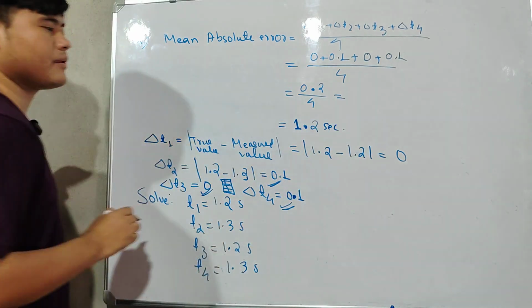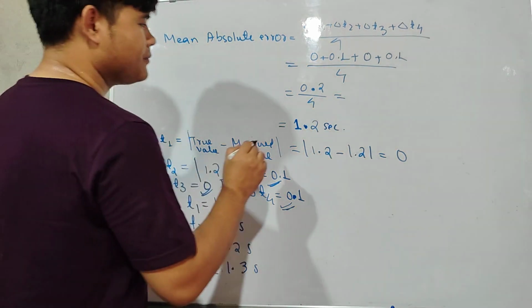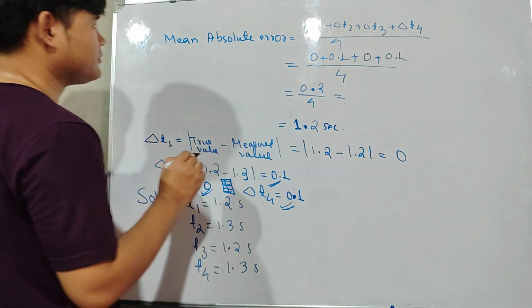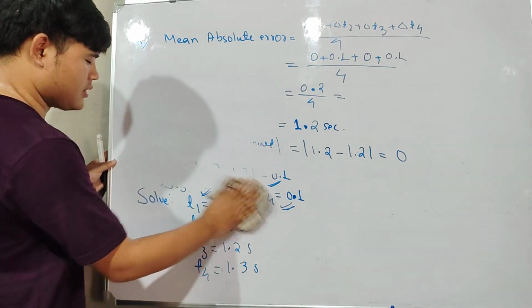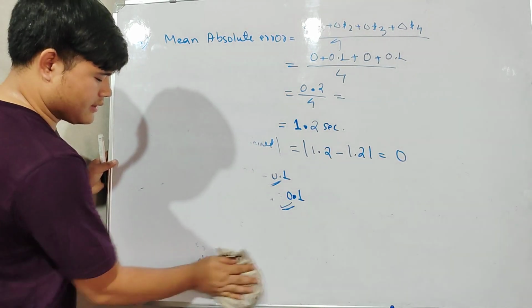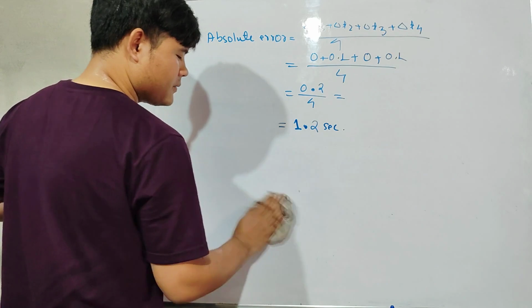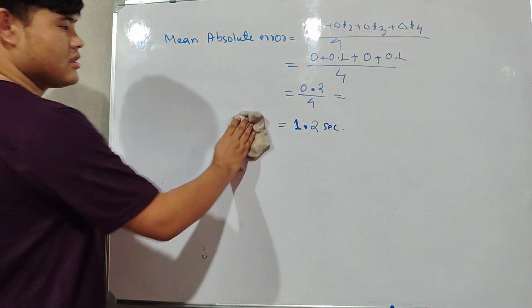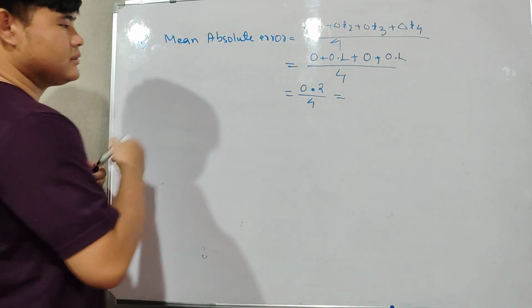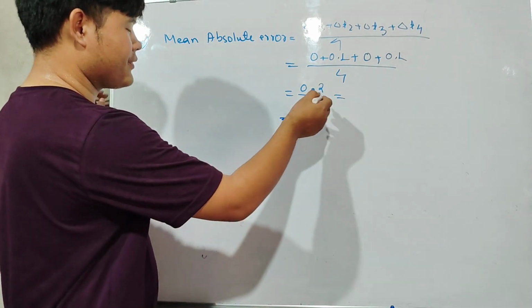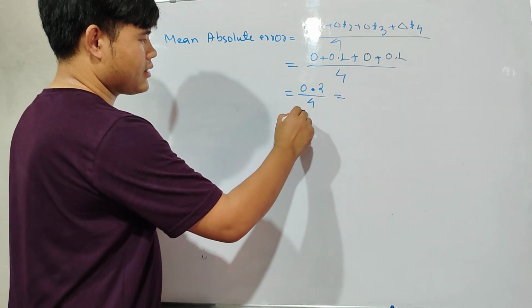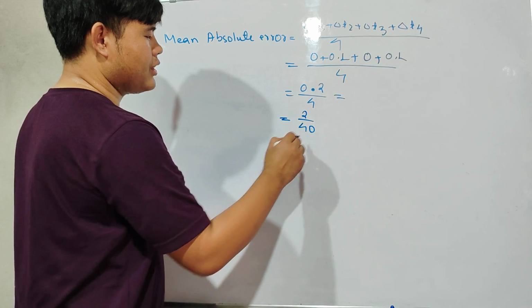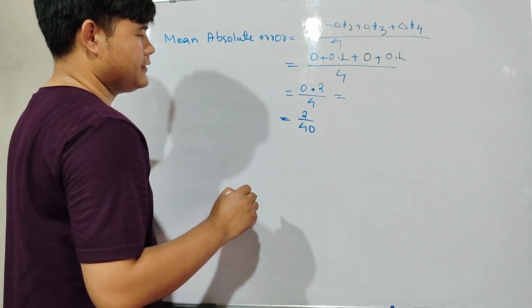So how much will we get for the mean absolute error? We got 0.2 divided by 4. That means it will be 2 by 40, yes or no? Yes.